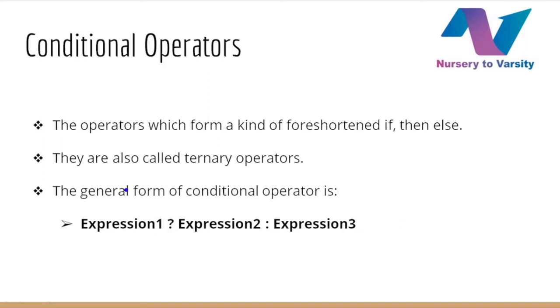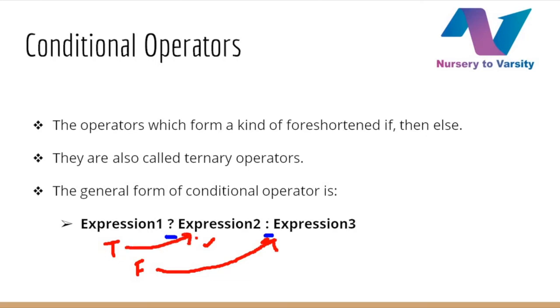In this, the question mark and colon are the conditional operators. This form says that if expression 1 comes out to be true, then it will evaluate expression 2. Else, if the condition comes out to be false, then it will evaluate expression 3.